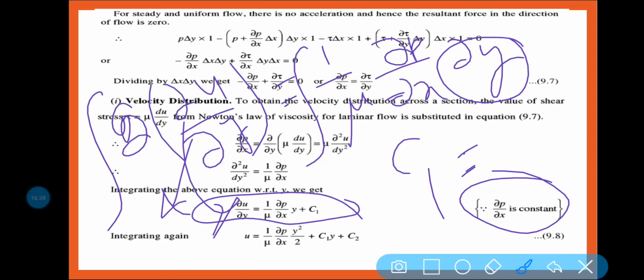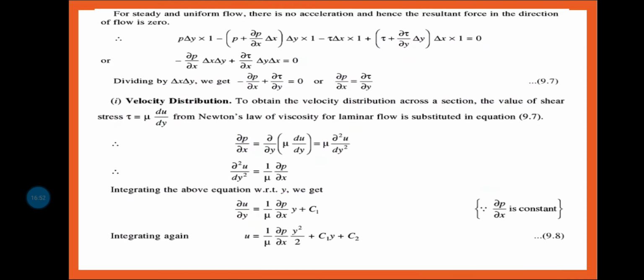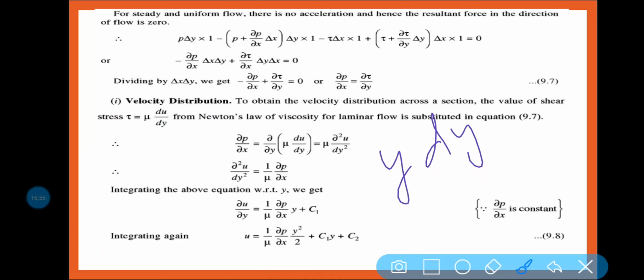Now if I integrate this again, you will get u is equal to 1 by mu del p by del x into y square by 2, because again it will be the integration of y dy, plus c1 y plus c2.